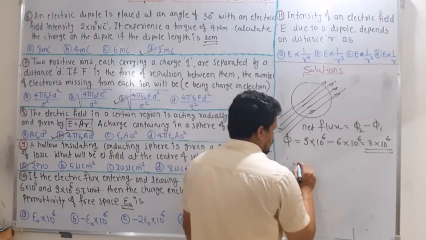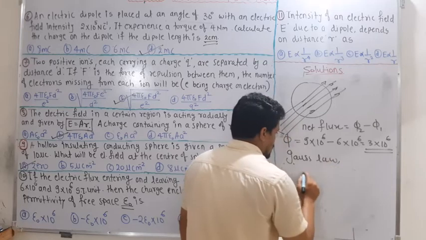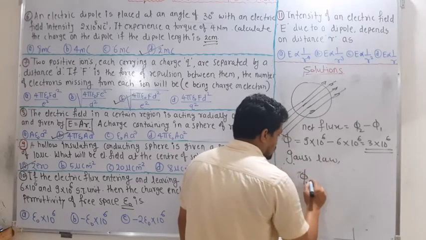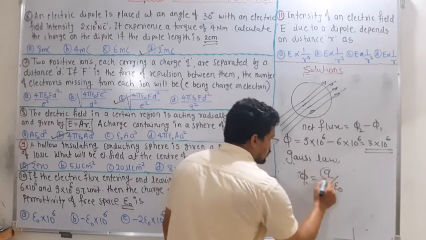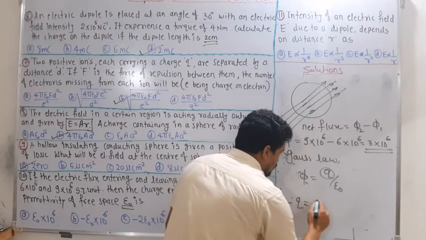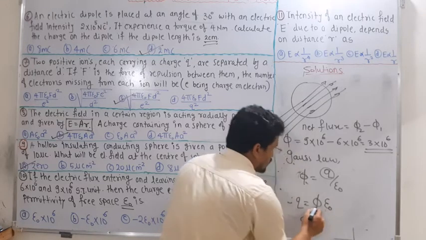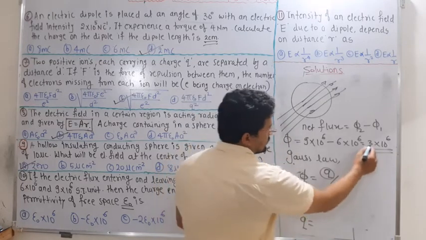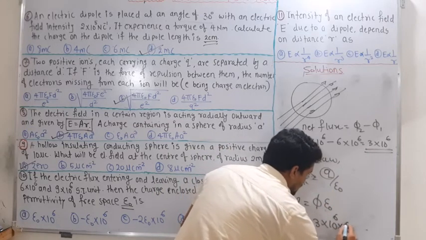We know according to Gauss law, electric flux is equal to Q divided by epsilon naught. So Q you have to find out. Therefore Q is equal to net electric flux multiplied by epsilon naught. Net flux is 3 into 10 to the power of 6 multiplied by epsilon naught.